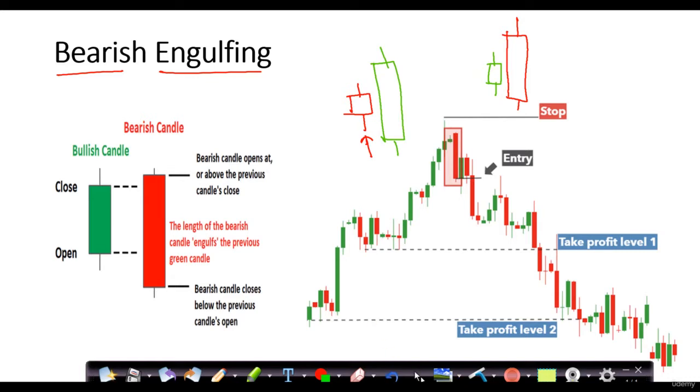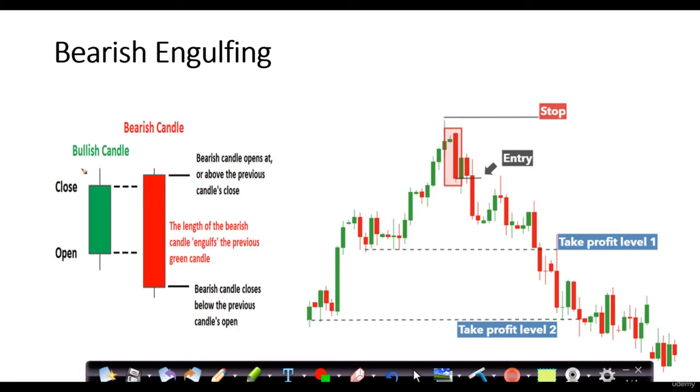Okay, let's take an example. Here you can check the open and close of this candle is almost at or below the bearish candle. Now, how to measure this?